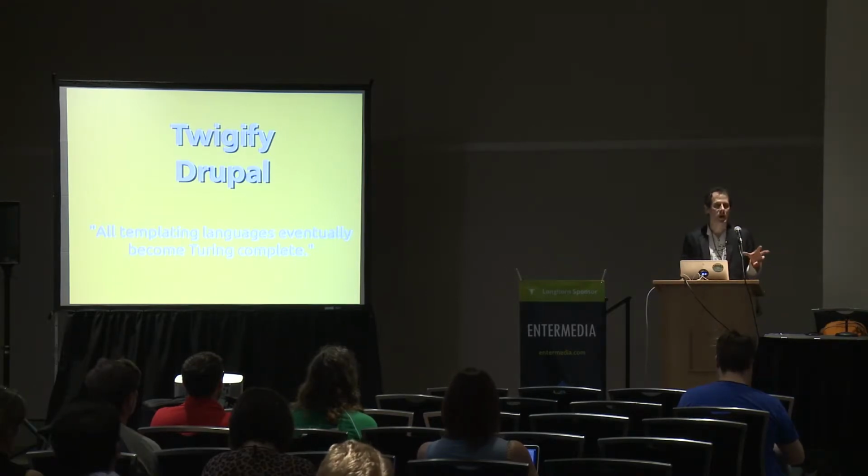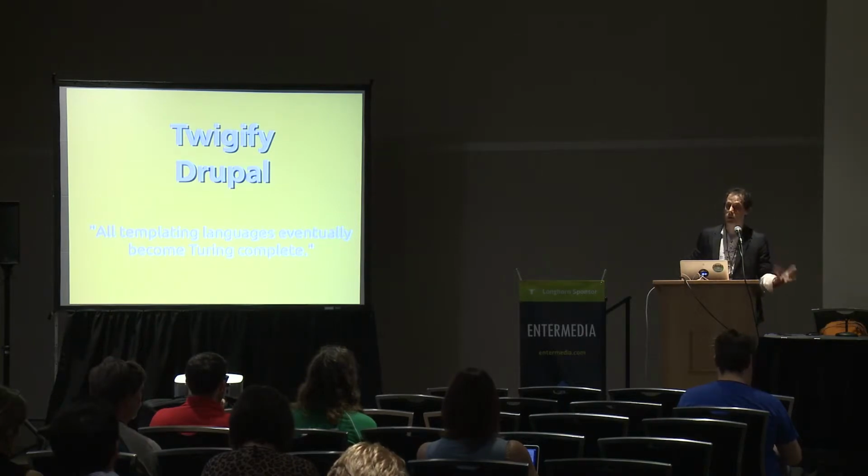The specifics are that if you allow anything to be done in the template layer, if you provide that kind of power, what's going to happen? Like if you release Drupal 7 with the ability to do anything in the theming layer, what's going to happen?